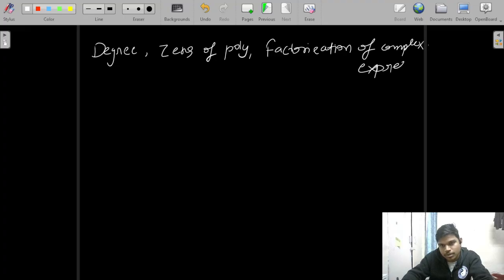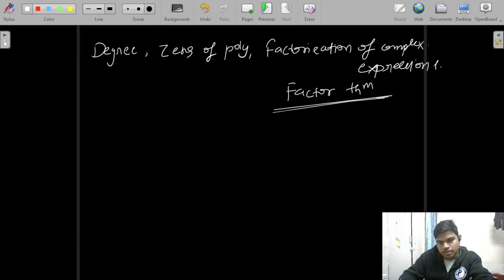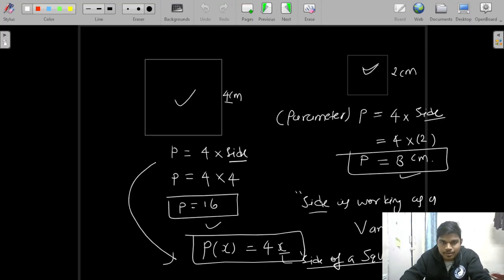Basically, we observe these kinds of concepts and take the help of this chapter to factorize more complex expressions. We also use the factor theorem in this chapter. This is a very, very important theorem in this chapter. We will cover a lot of topics in this whole chapter. So this was today's content.